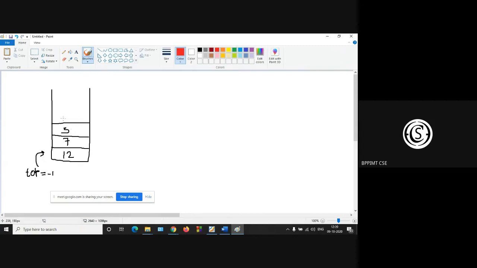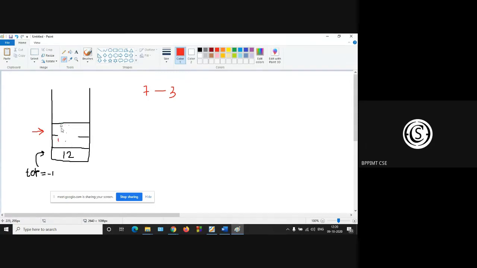Here this is your top. Now you have to pop the last two operands in the stack. So 7 minus 3 is 4. You have to put this 4 here.